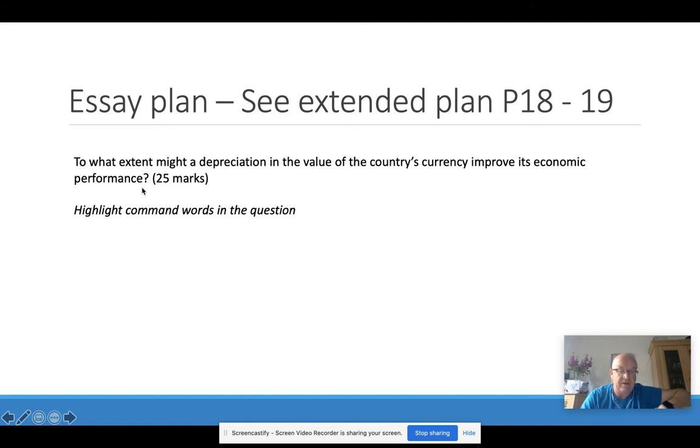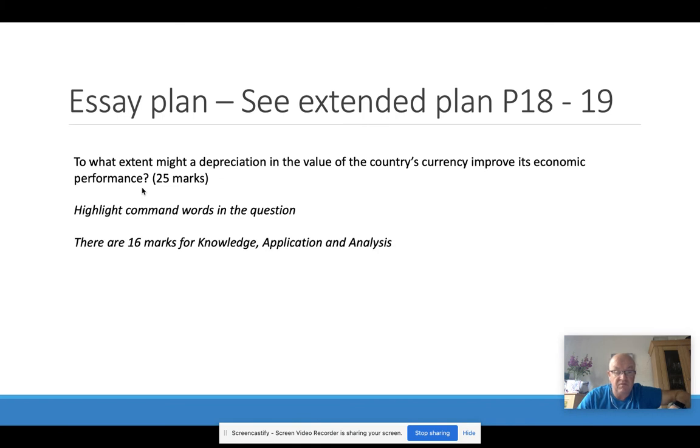So there's three elements to it really. We've got to be able to give a balanced argument. We've got to be able to understand and demonstrate depreciation of a currency, maybe include some models, like in this instance the Marshall-Lerner condition and the J curve effect, and also then consider ways in which a country might choose to measure its economic performance and to see how that might affect the response to your essay.